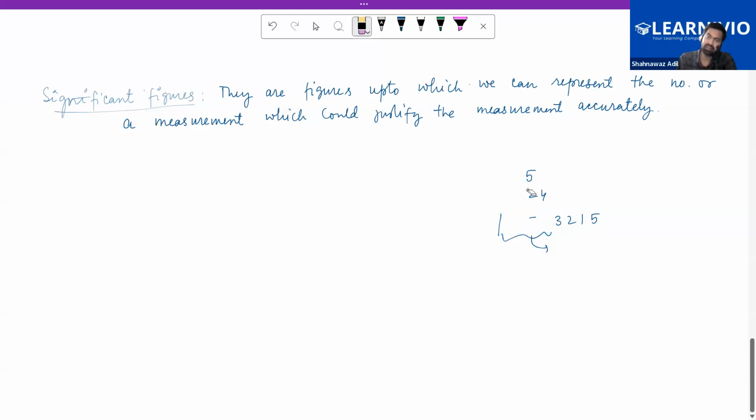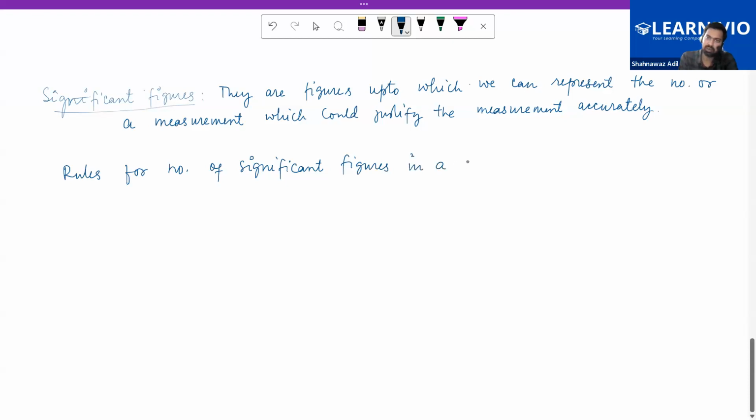And there are rules for the number of significant figures in a measurement.